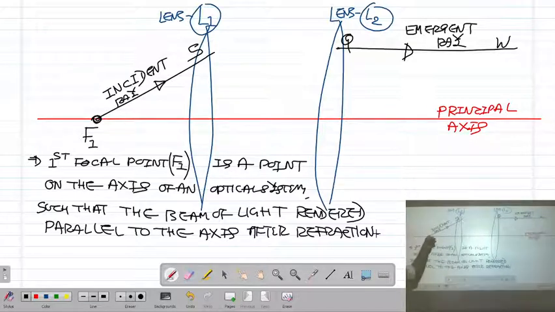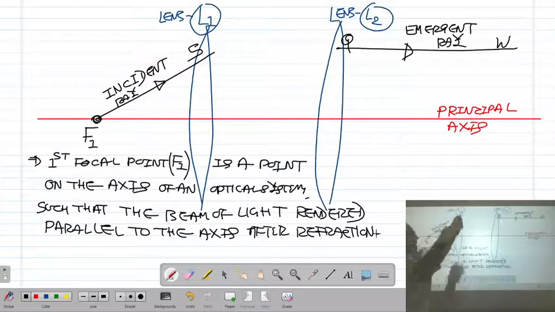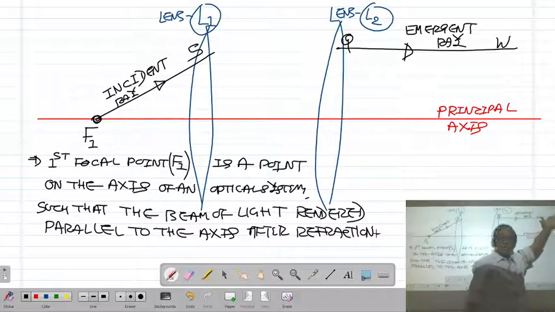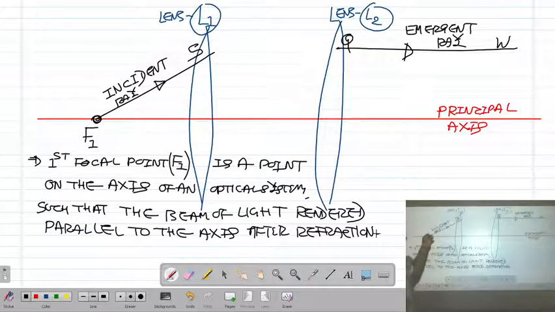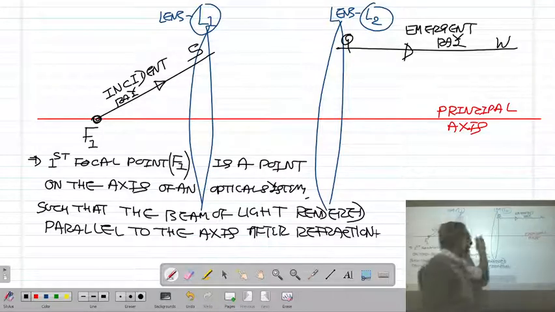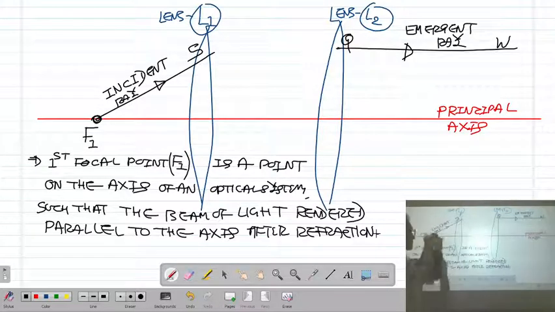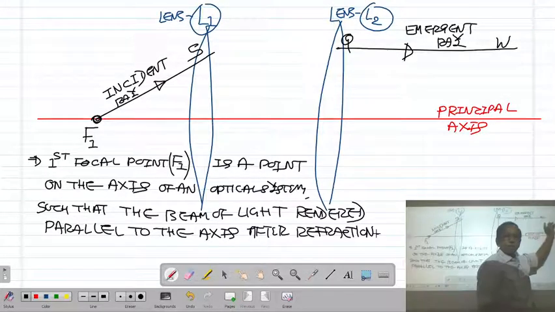The first focal point F1 is a point on the axis of the optical system such that the beam of light emitted from F1 becomes parallel after refraction. Once again I repeat, it is a point on the axis of the optical system such that the ray of light emitted from F1, after refraction, becomes parallel to the axis.